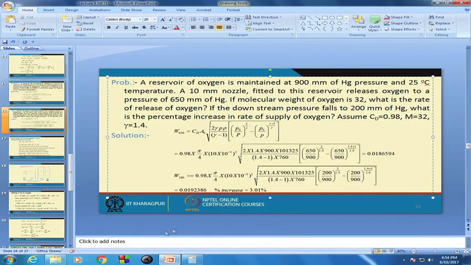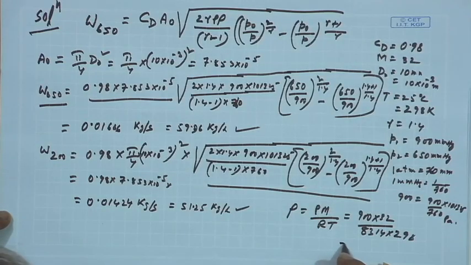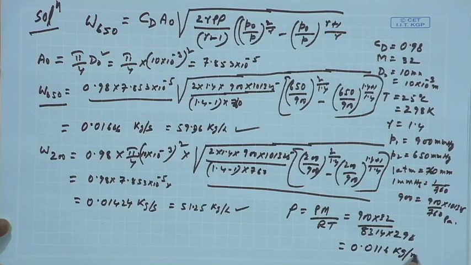So that should have been there, right? So if that value comes to, then it is 900 into 32 is equals to this divided by R 8314 divided by 298 is equal to 0.011 kg per meter cube.